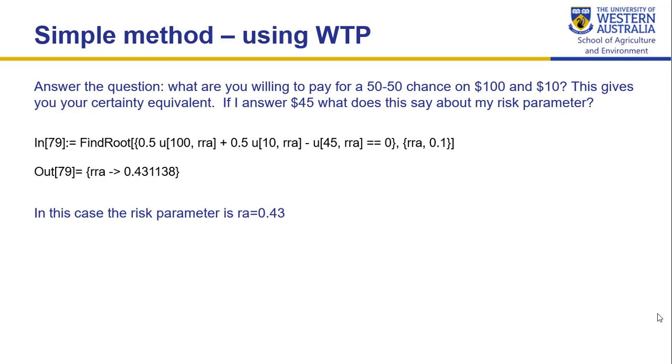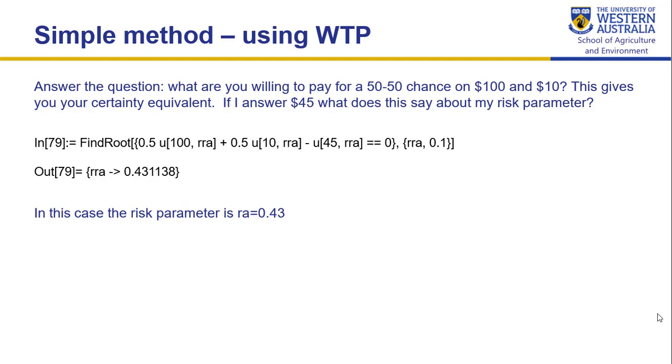So what we can say here is that let's assume again that we have a utility function x to the power 1 minus RRA. So we have a 50% chance of getting $100, so we multiply by the utility, plus 50% chance of getting $10, so we multiply it by the utility. And we subtract the utility from getting $45.